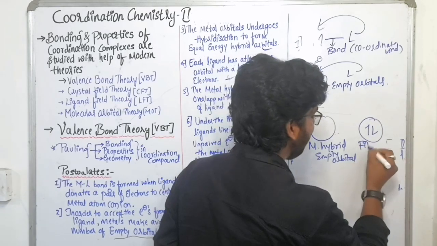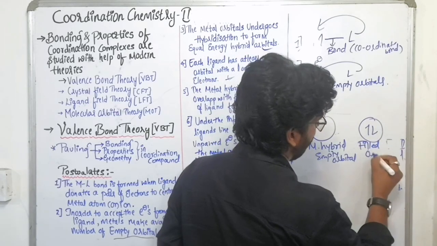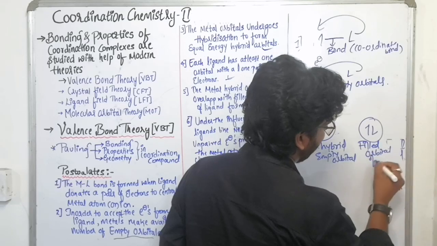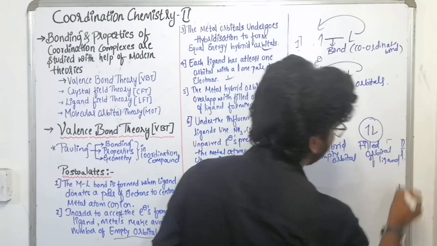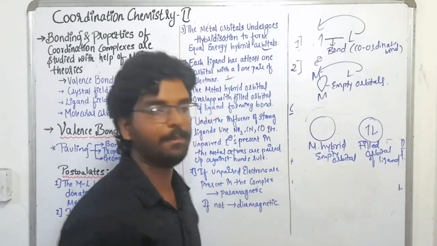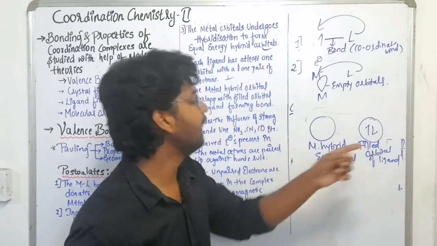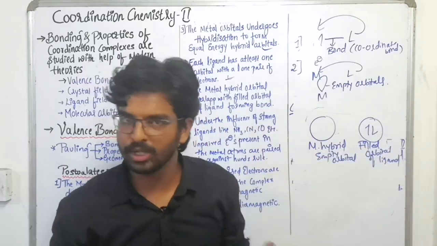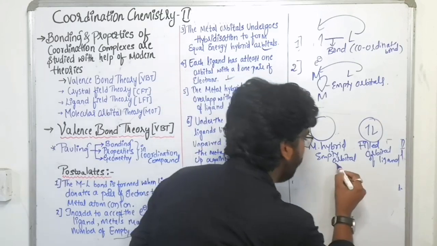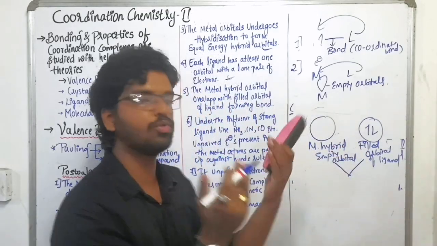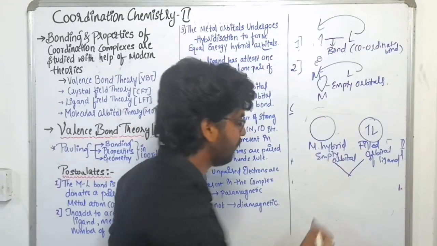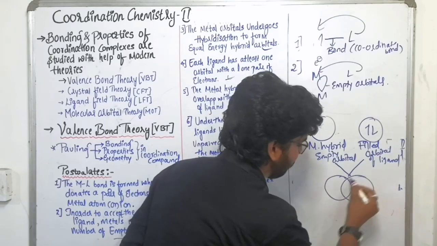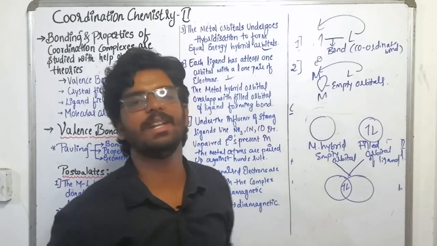It is a filled orbital of the ligand. So now the metal hybrid empty orbital is ready, and the filled orbital of the ligand is also ready. Now what is happening? Now the overlapping of these two orbitals takes place. That means the bond formation takes place.